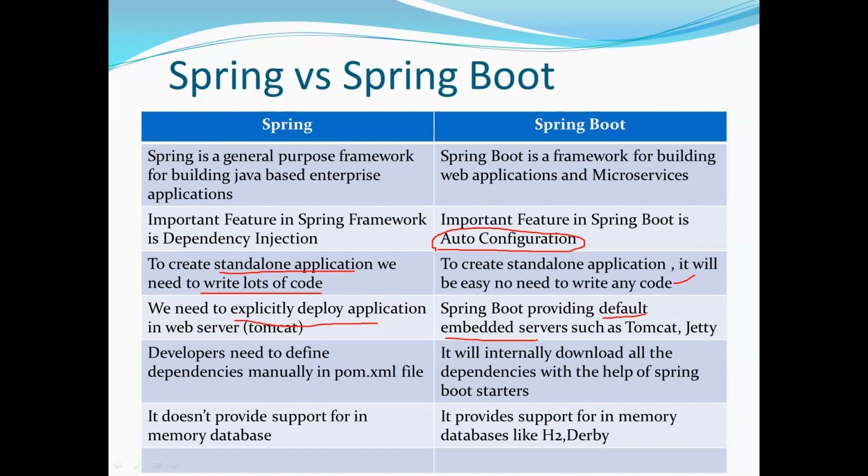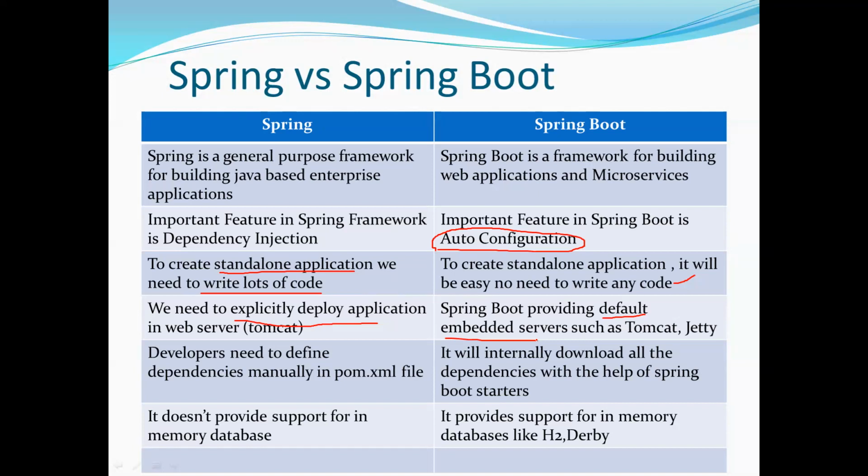In terms of pom.xml dependencies, if you want to develop a web application as a programmer, you need to define Spring core, Spring beans, Spring context, Spring web, Spring web MVC, Spring transaction, hibernate, JDBC, logging.